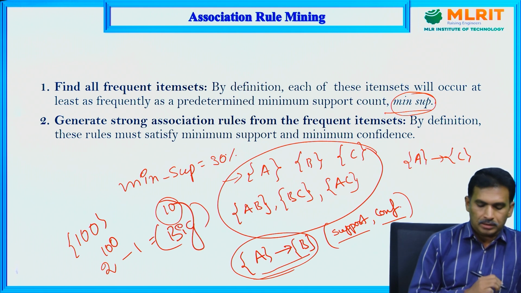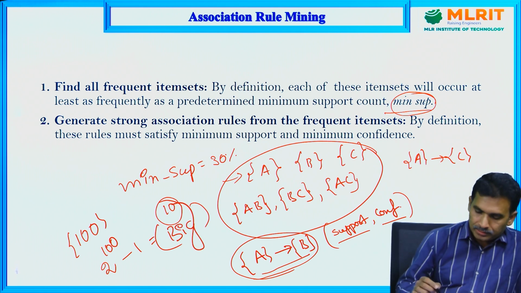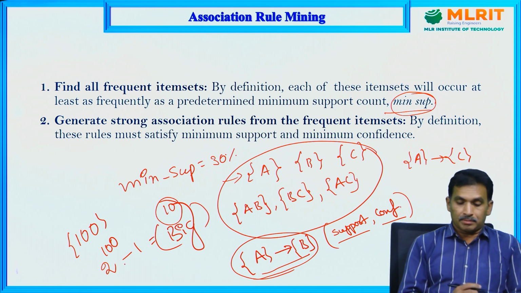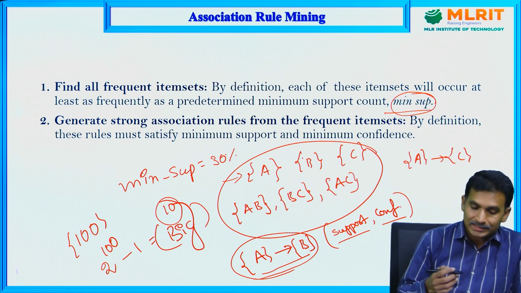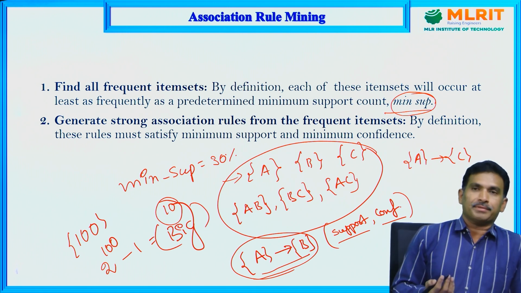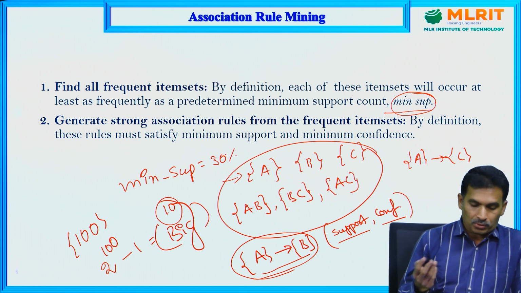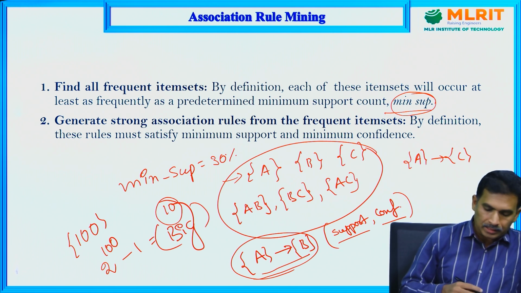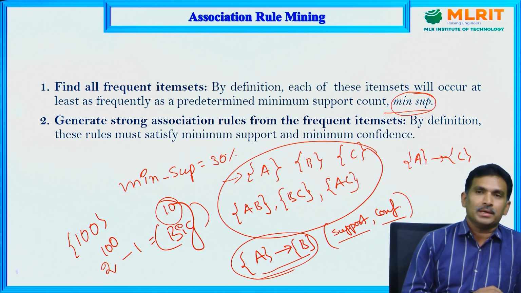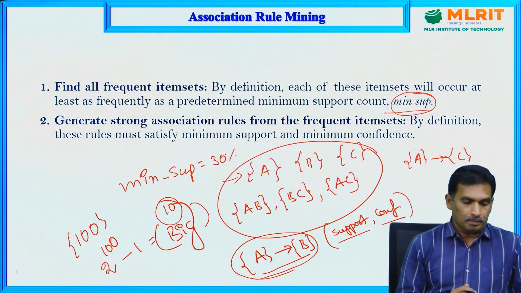To find all these 2 to the power of 100 minus 1 item sets, scan the database, find the frequency and identify the frequent patterns is a very complex process. In the real world, if you go to any supermarket or shopping mall, there will be a large number of items. That is why it is very complex.